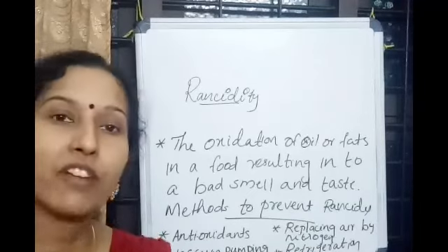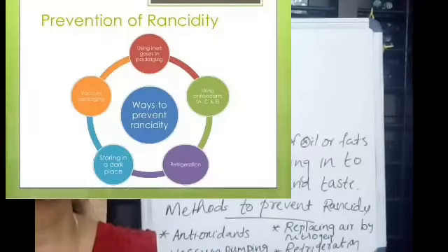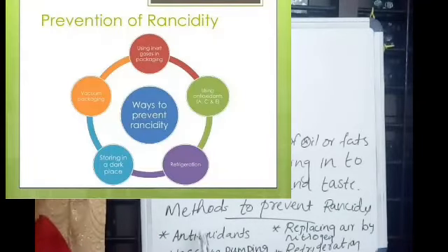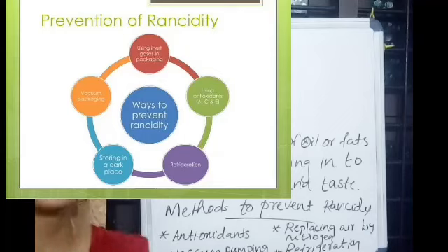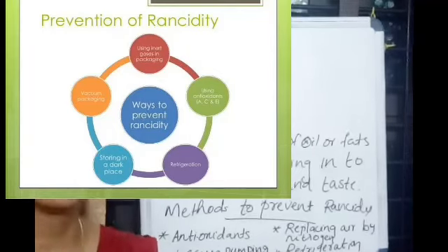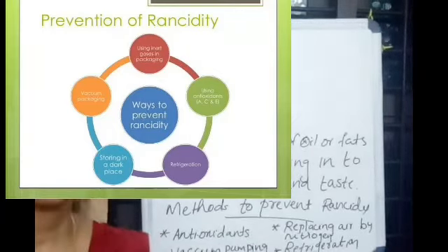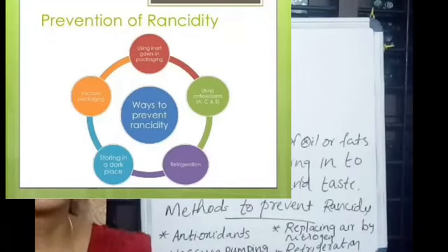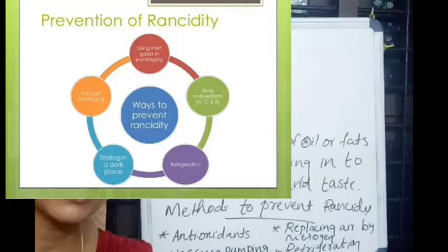We have several methods to prevent rancidity, like antioxidants. By the use of antioxidants. What are antioxidants? Antioxidants are the substances which slow down the process of oxidation or which prevent the contact between the food and oxygen.